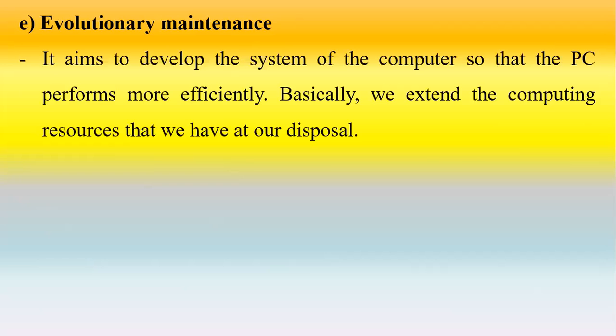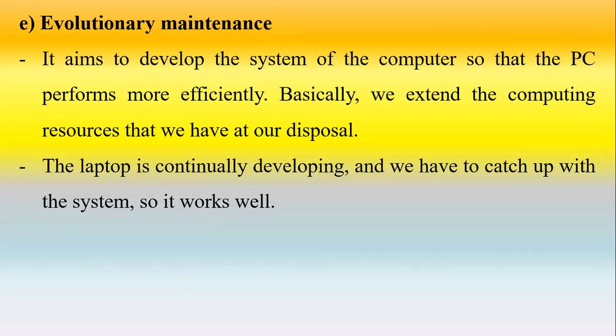The fifth type of maintenance is called evolutionary maintenance. It aims to develop the system of the computer so that the personal computer performs more efficiently. Basically, we extend the computing resources that we have at our disposal. The laptop is continually developing, and therefore we have to catch up with the system.